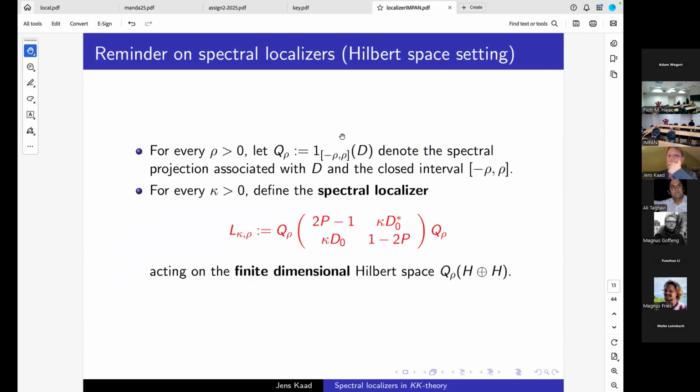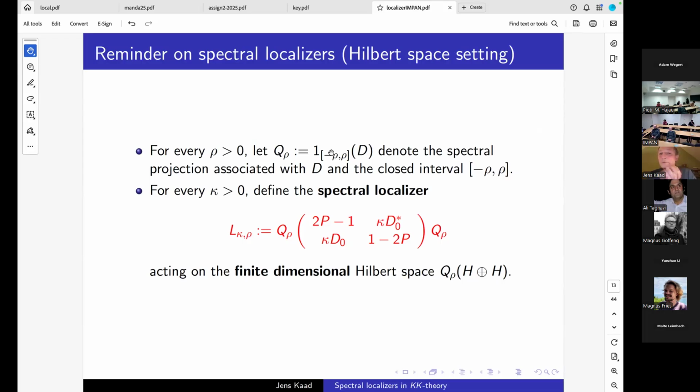So if you look at this spectral projection, which you get from the abstract Dirac operator, you could use that to localize your information, but you could also localize your coordinate algebra using this spectral projection.